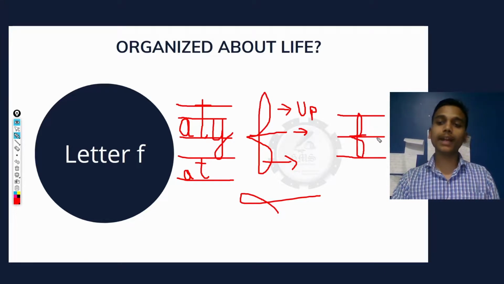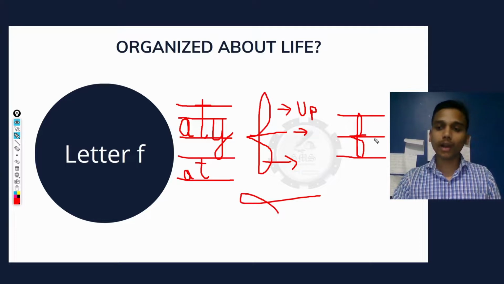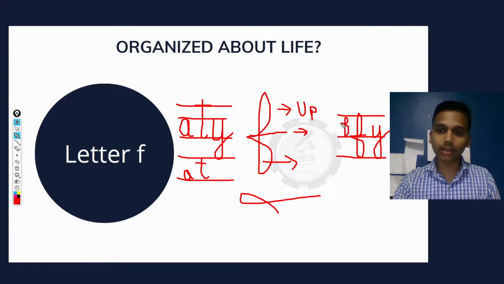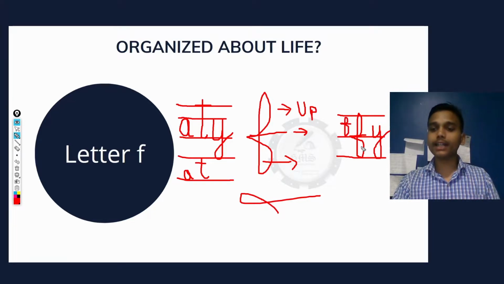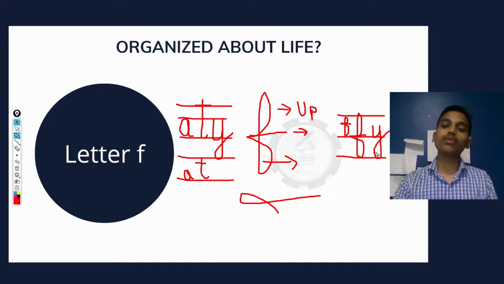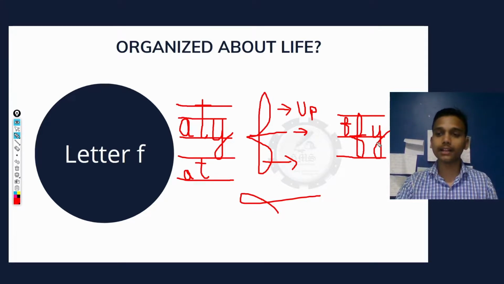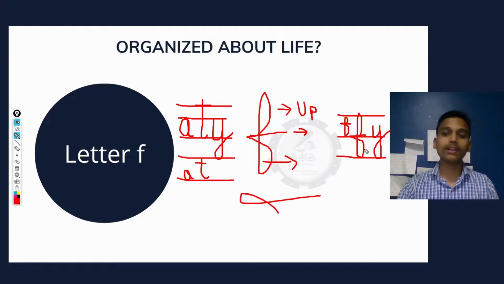Now some people write letter F above the middle baseline, like this, so it depends on the writer. Yet ideally in most Fs you find, the lower loop goes below the baseline, like letter Y. So that's why this letter falls under the lower zone, the middle zone, and the upper zone.